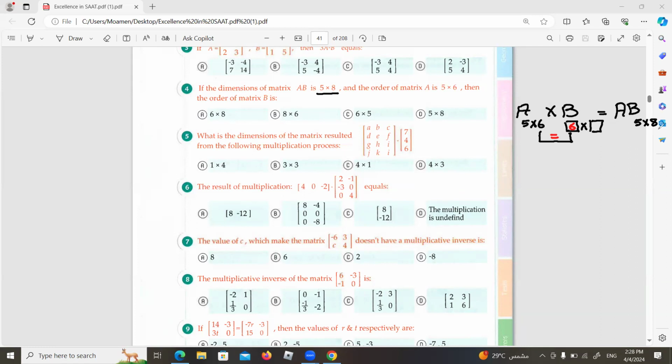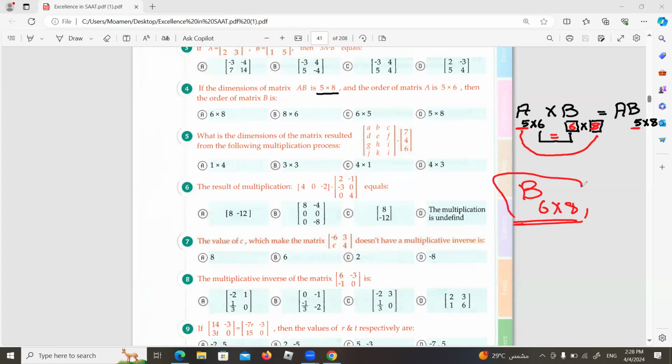And then the product, or the result, will be from the number of rows of the first and the number of columns of the second. The number of rows of the first is 5, and we wrote here 5. And what about here? Yes, it's 8, so I just write here 8. So B consists of 6 multiplied by 8.